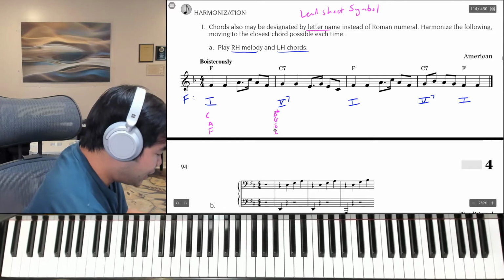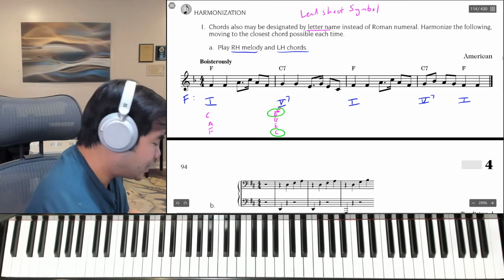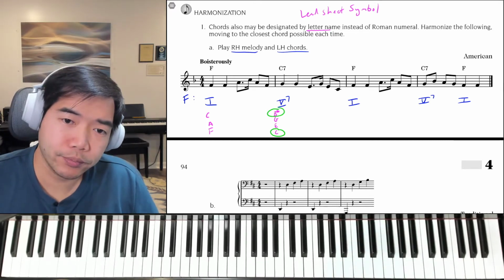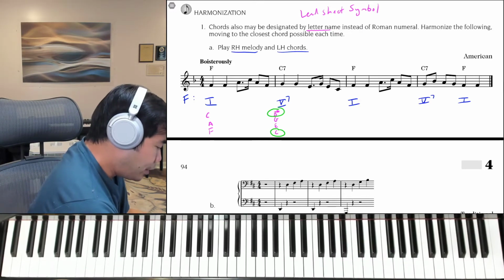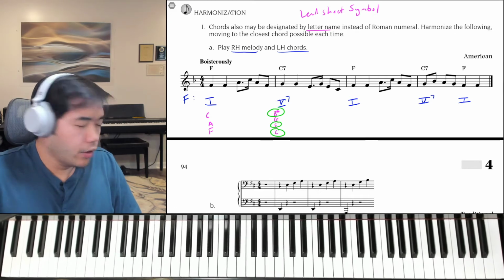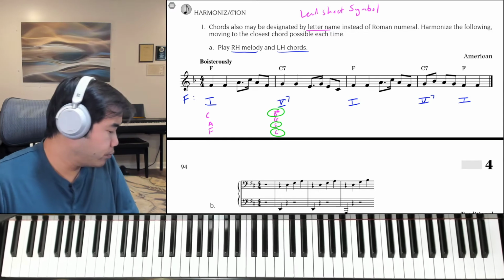So we will need a C since it's the root of the 5-7 chord, and we'll need a B flat since it's the 7th of the chord. But the E and the G are optional. Okay? In this case, let's say we add the E. 3 notes. You don't have to play all 4 notes of the 5-7 chord.